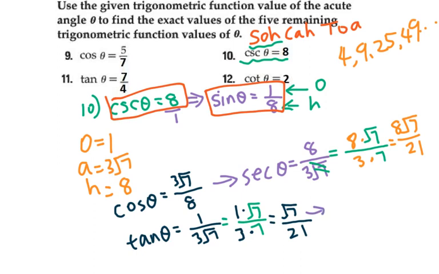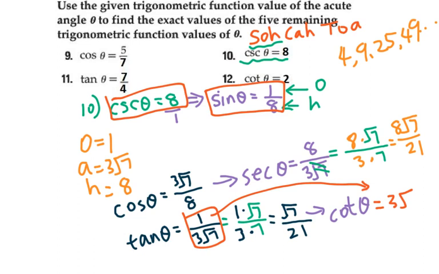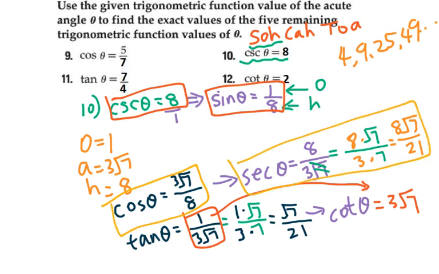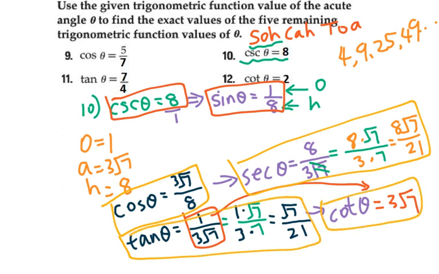Now from tangent theta, I can get the cotangent theta. But this time, we flip this one. Because that's easier, you will get 3 square root of 7. That's the correct answer. So the answer will be here, cosine, and then it's a secant. You have tangent. Then you have cosine theta.